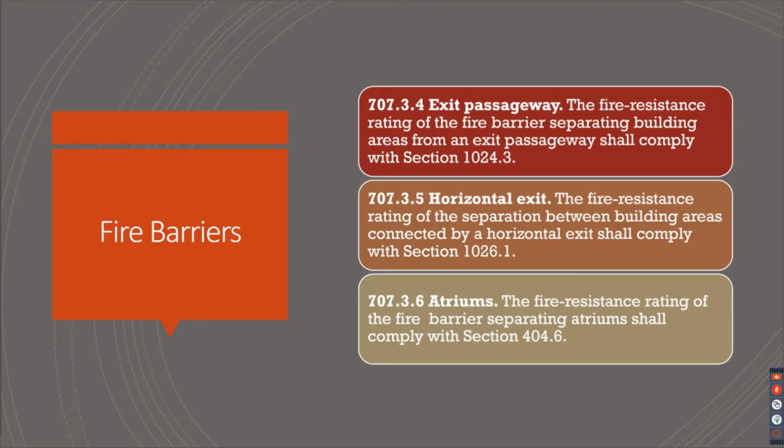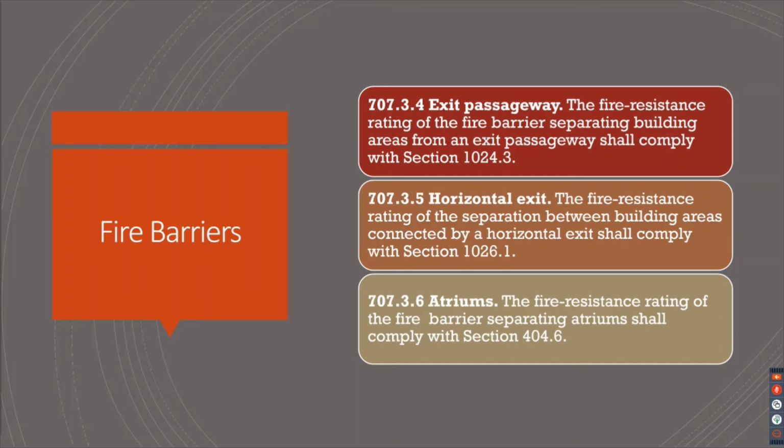And then for exit passageways, it leads you to 1024.3 for the specifics of what you need to do for fire barriers in exit passageways. Horizontal exits, go to section 1026 for specifics for creating fire barriers in horizontal exits. And then atriums, of course, have some special requirements as well. So go to 404.6 for your fire barriers that are for your atriums.